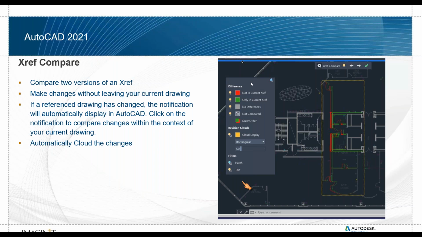And also it does the automatic clouding, which is very helpful. So if you ever have to ask questions or send information back, being able to cloud it automatically is a very helpful tool. And so there's an example of being able to see the changes.